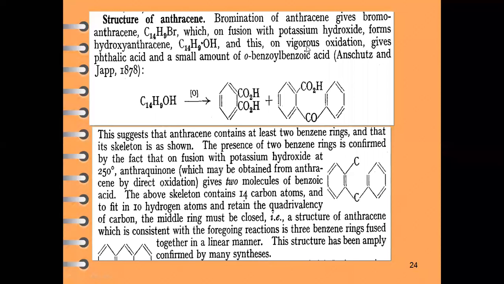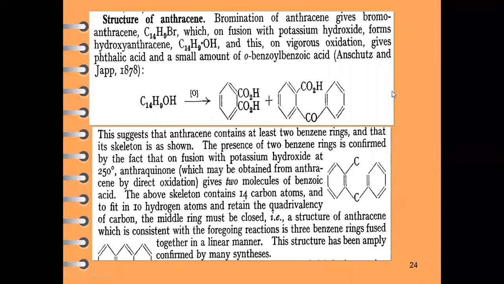So depending upon all the study we have done up till now, first the reaction with halide produces bromoanthracene. Second, when reacting with potassium hydroxide, they produce hydroxyanthracene. See, both of these structures have 14 carbon atoms.